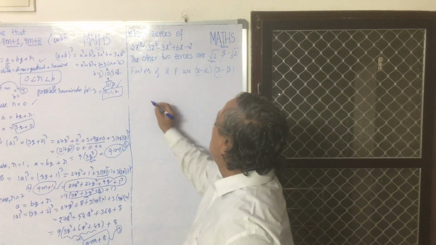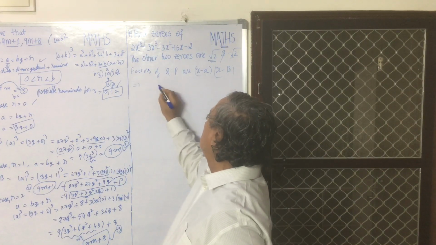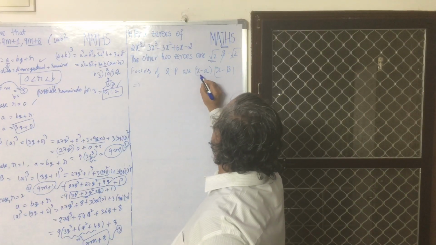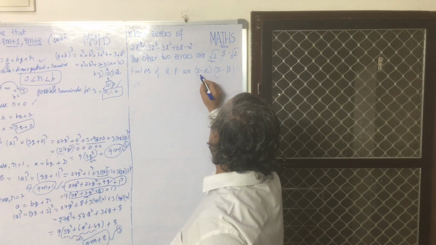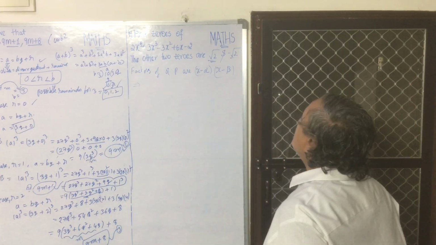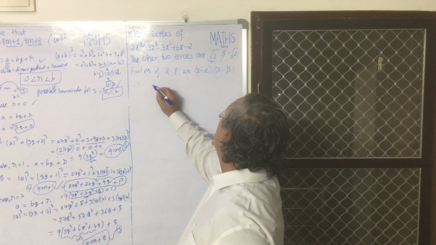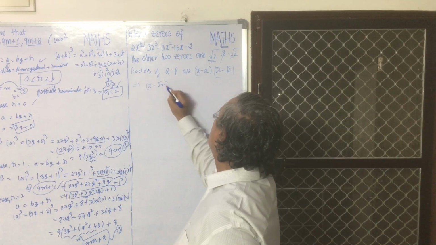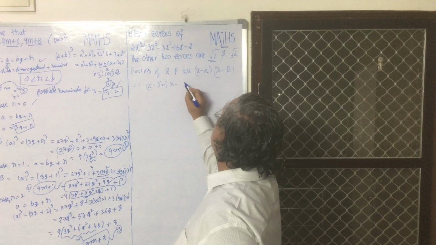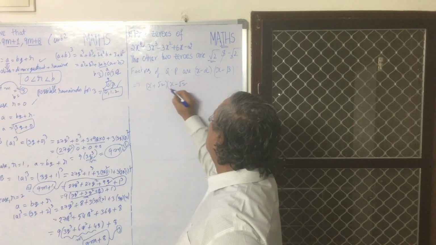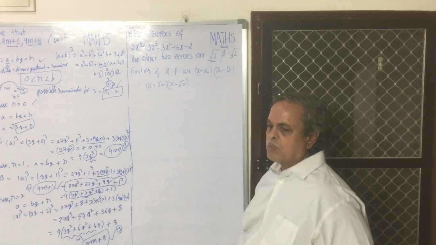Using the a plus b into a minus b formula, we get x plus root 2 into x minus root 2.